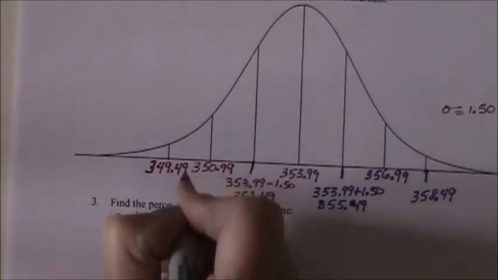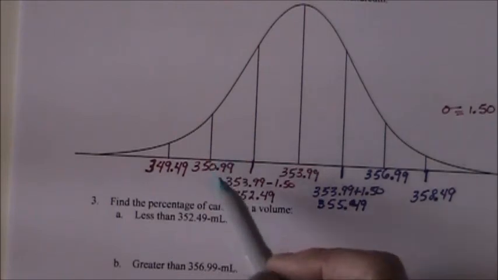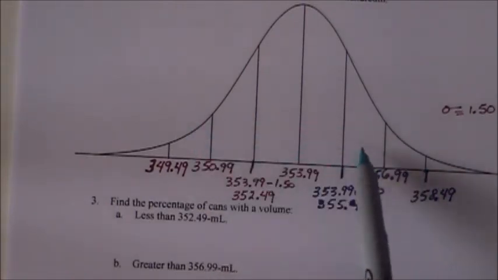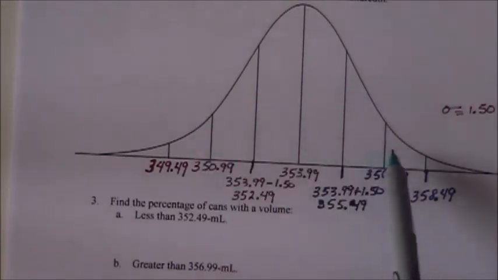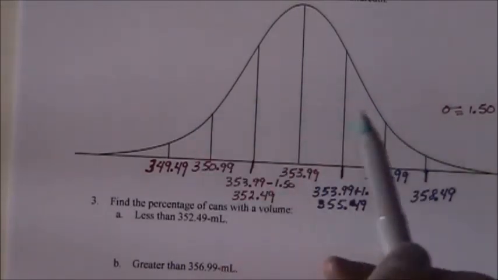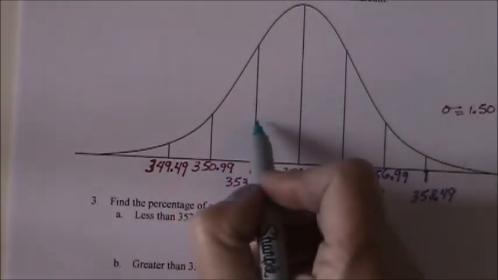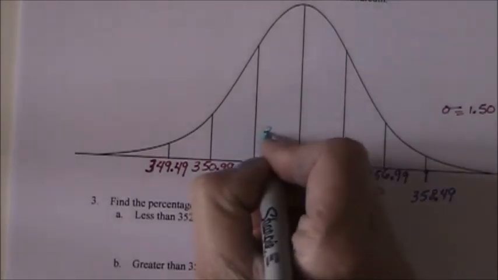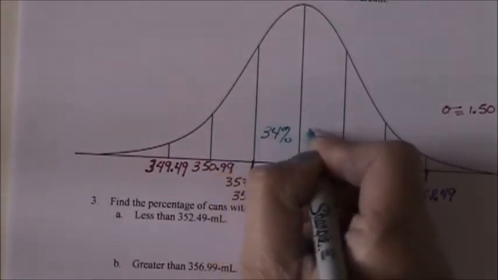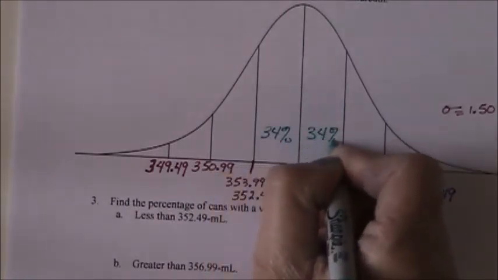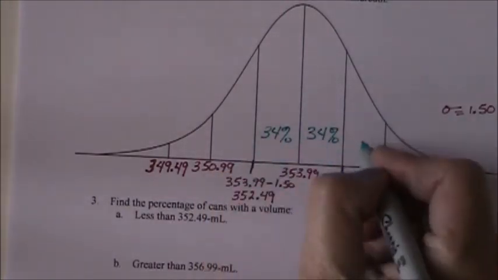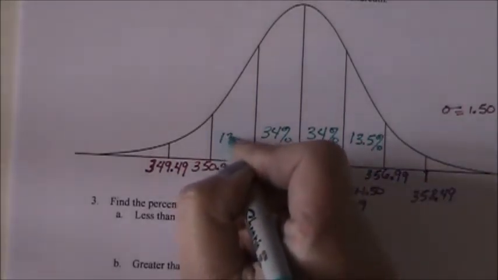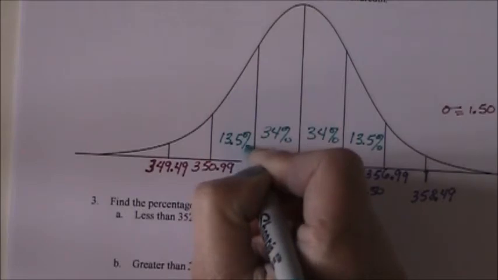As we go to use this, let's put in the percentages into our bell curve that we have looked at already within this lesson. This is one standard deviation from here to here, which was our 68%. So that made this 34%, and this was 34%. Our next ones out were 13.5% and 13.5%.